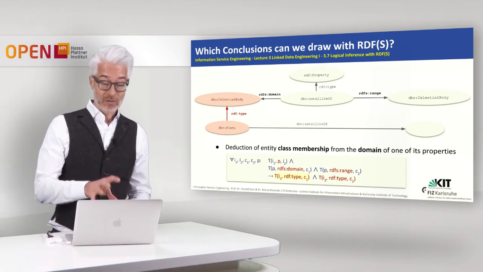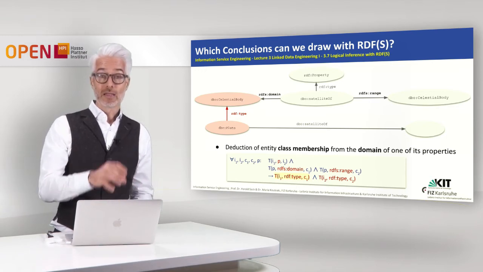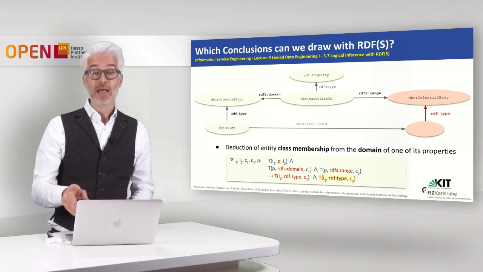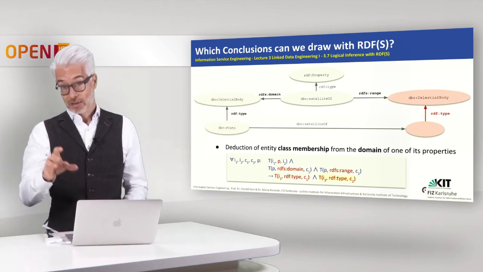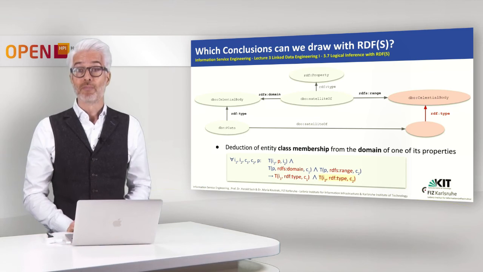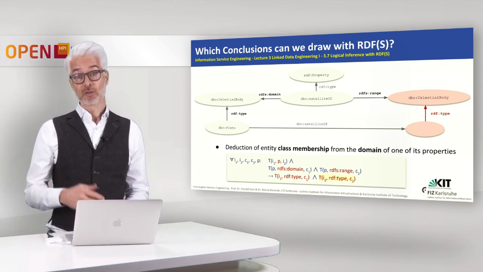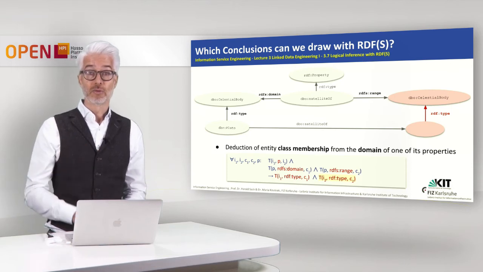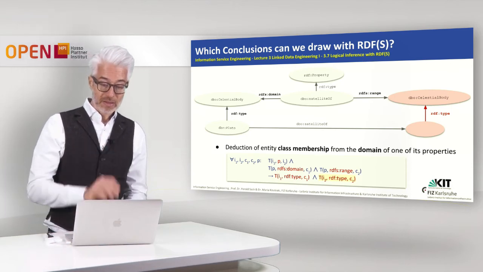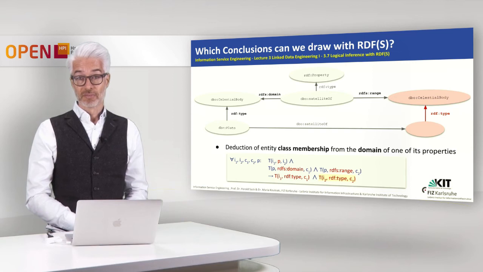So therefore I can draw the conclusion that Pluto is of type celestial body, as well as the other thing, which is here in our case a blank node, must be nevertheless of type celestial body, because only this is allowed according to the property definition that we have here.